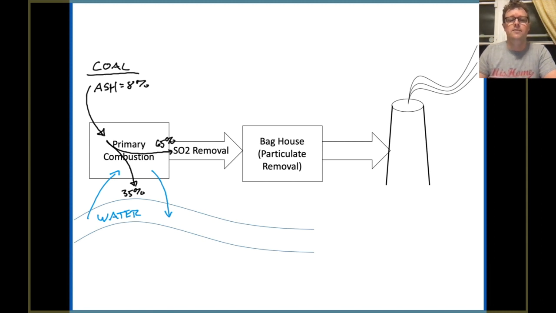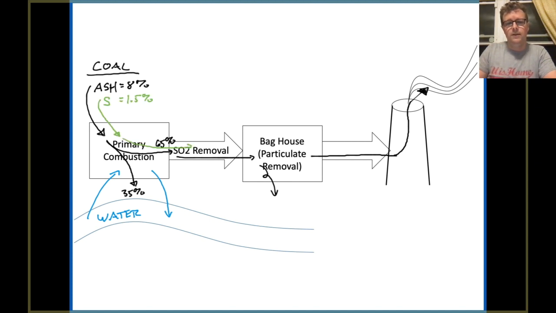The remaining 65% is what we would call fly ash, so really fine suspended particles. Those are going to move through the sulfur dioxide removal plug flow reactor into the bag house. You can see I've drawn sort of a reaction term there to remind us that we're removing much of that fly ash, and then some portion of it will actually exit out through the stack.